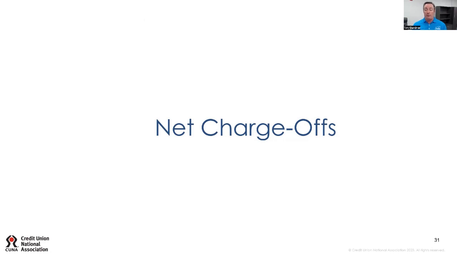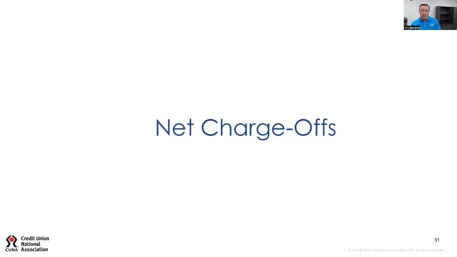It's a reserve account. Our allowance for loan loss is right where it's supposed to be. So when we have to charge off loans, that allowance comes down. And the way that we increase the allowance is through an account on the income statement that's called the provision for loan loss.